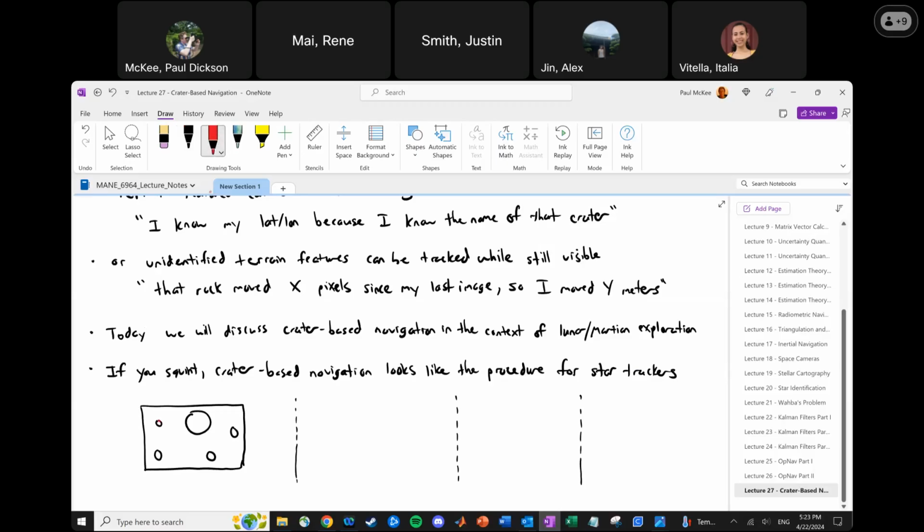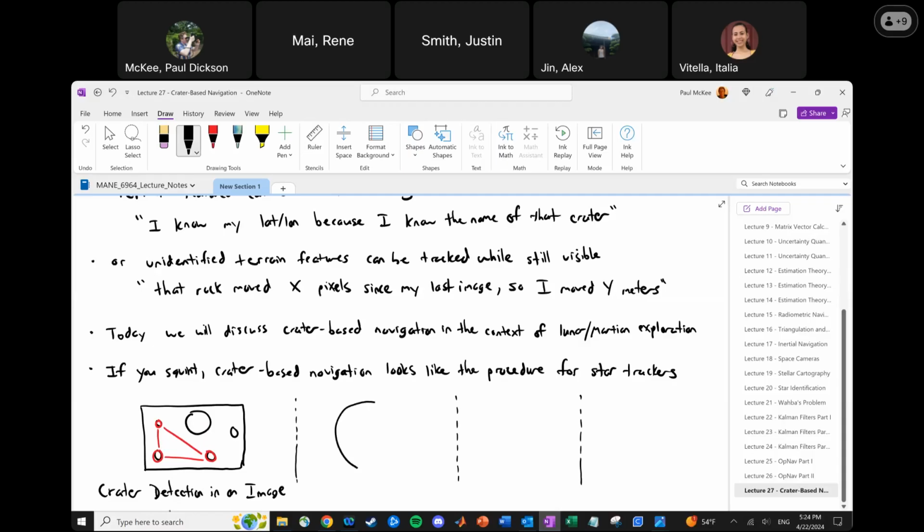Then the first step could be, oh, I recognize this crater, I recognize this crater, and using some method, which we have not discussed yet, I'm going to identify craters. So we'll start with crater detection in an image. And I've kind of already alluded to, we're also going to compute what we might call invariance based on those craters. So the same idea as with stars, except it's going to be a different invariant.